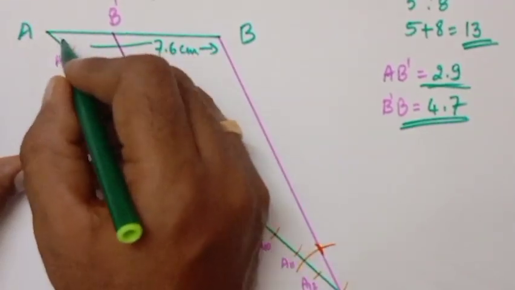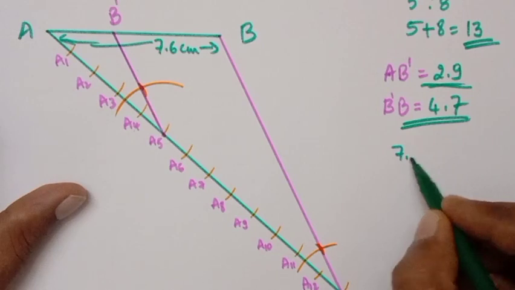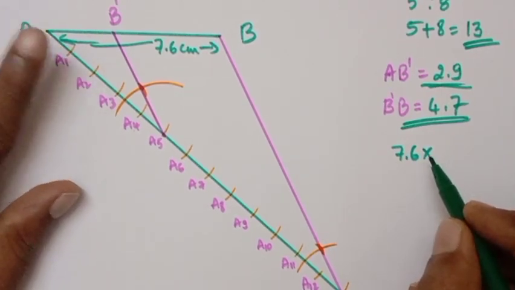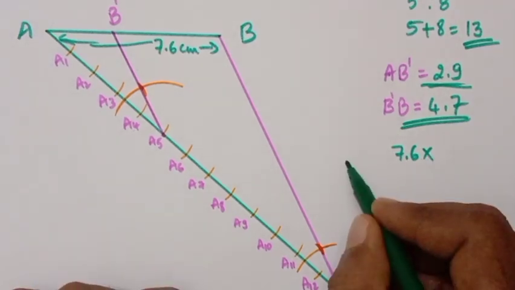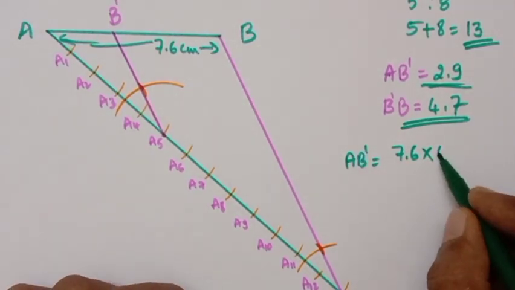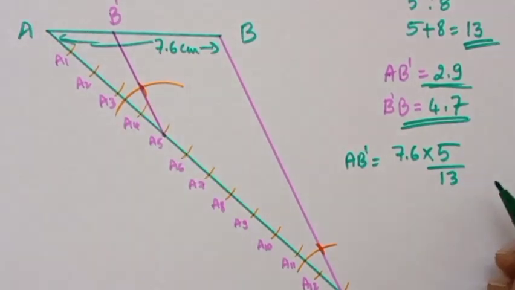AB dash is equal to 7.6 into 5, and the total parts is 13.